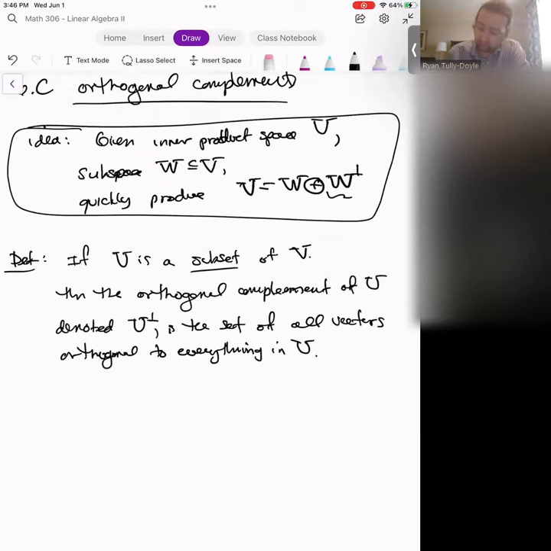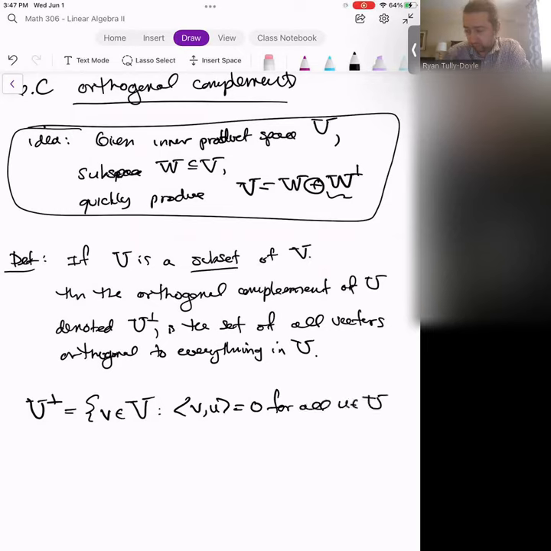That is to say, U perp is equal to the set of every vector v in V so that the inner product of v with u is equal to 0 for all u in U.